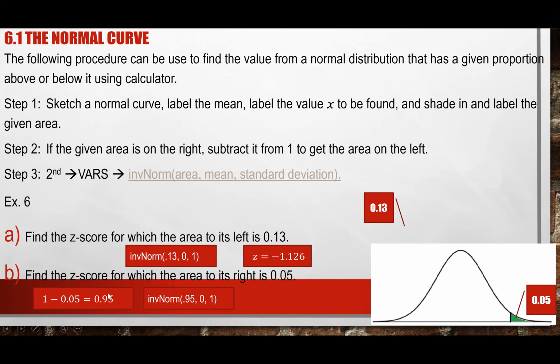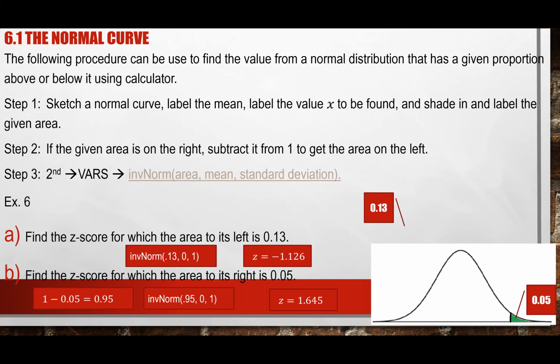If over here is 0.05, do you agree the leftover is 95, which is 0.95, the area to the left of this point? So 0.95, comma, 0, comma, 1, and the z-score will be 1.645, okay?